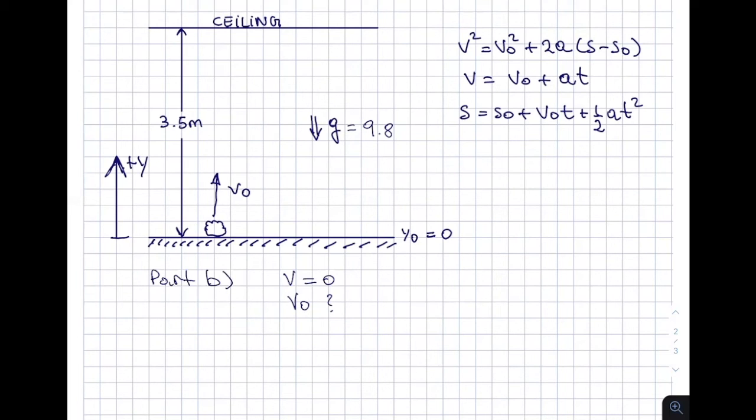So just like in part A, I will use the first equation to solve for v naught. v squared is equal to v naught squared plus 2a times y minus y naught. v naught is what we're looking for. v we said is 0, so it's going to be 0 is equal to v naught squared, a is negative 9.8, so negative 2 times 9.8 times 3.5.